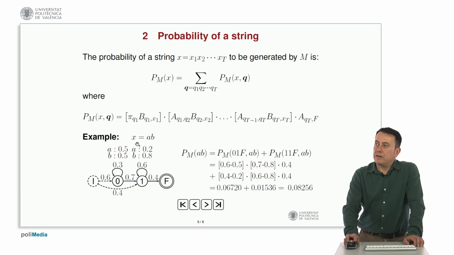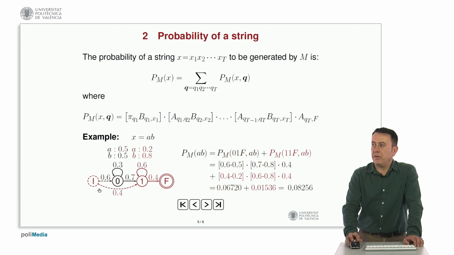Note that AB can only be generated with positive probability following the path 0,1,F or 1,1,F. This is why there are only two paths with positive probability to generate AB. The first one is 0,1 with AB, which is 0.6 times 0.5 times 0.7 times 0.8 times 0.4, which is this value.